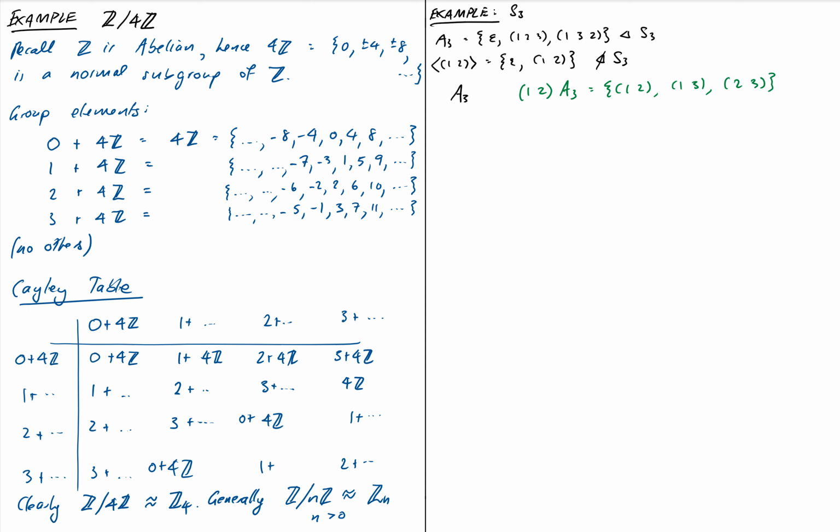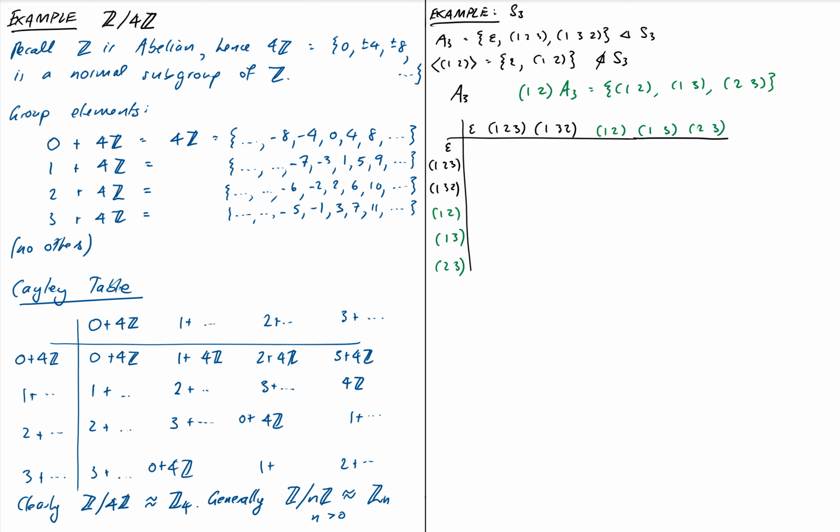I'm going to order them so I've got the A3 elements first: epsilon, (1 2 3), (1 3 2). And then I'll write down the coset elements in green: (1 2), (1 3), and (2 3). Same thing down here.